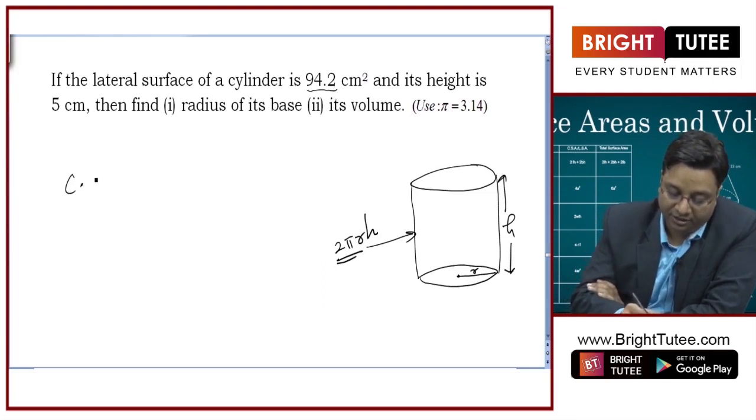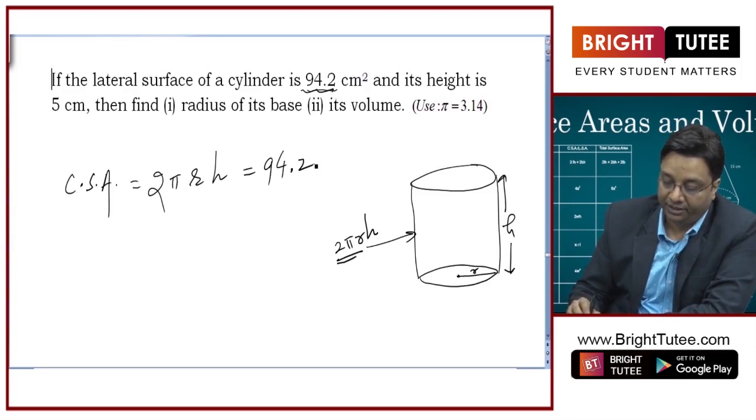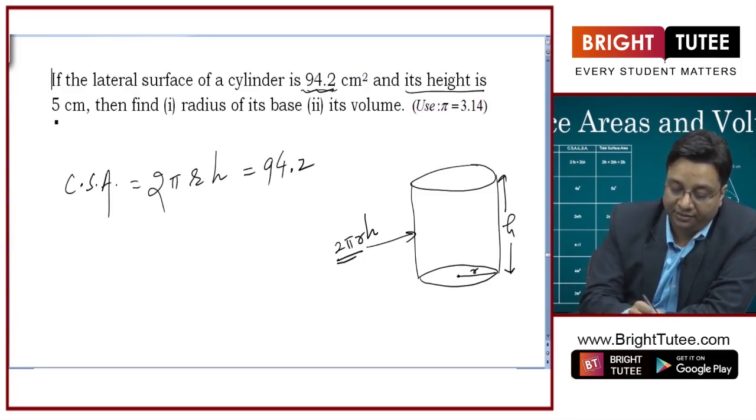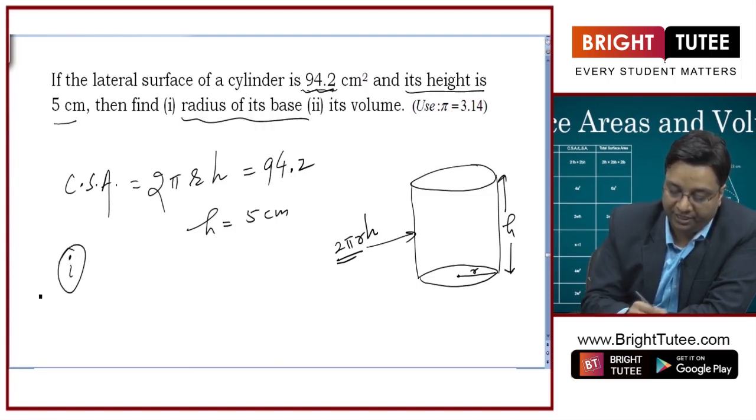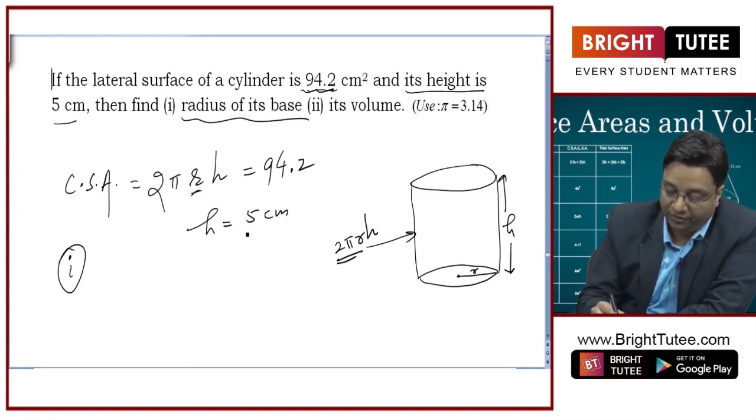Okay, so curved surface area of cylinder is 2 pi radius into height, and it is given as 94.2 centimeter square, right, and its height is 5 centimeter. So h is 5 centimeter. Now the first question is find radius of its base, that is this r, right. So let's put value of h in this.